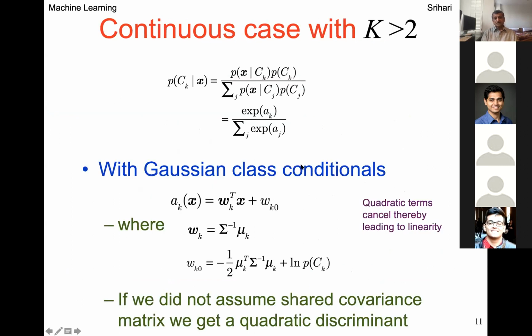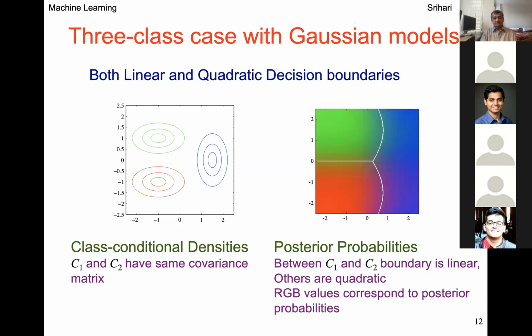And we can talk about the continuous case with k greater than 2, which gets a little more complicated, but all this linearity holds here also. And so in the three-class case with Gaussian model, we end up with both linear and quadratic decision boundaries. So we have one Gaussian plotted here, another here, another here. It's a three-class case.